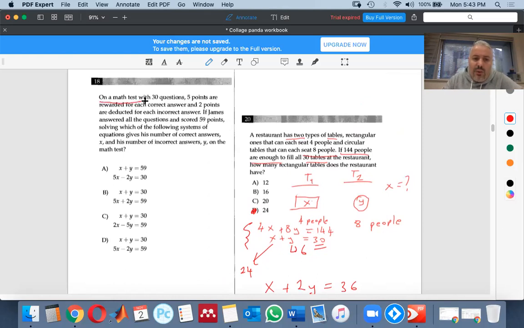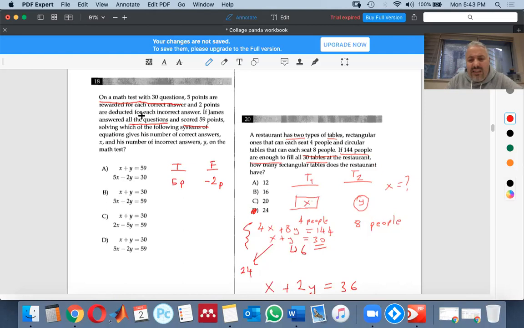On a math test with 30 questions, so totally 30 questions, 5 points are rewarded for each correct answer. So let's say true and false. So each true question, I will have 5 points, and 2 points are deducted for each incorrect. For the false, minus 2 points, okay, for each. Now, if James answered all the questions, so all the questions answered, and score is 59.